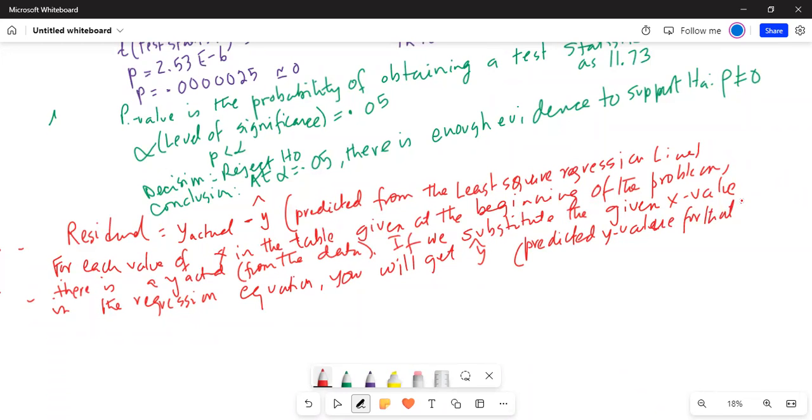Now we have 10 data points, so it will be a lot of calculation, but we will have the calculator do the work for us. So how do you do that? I will explain that in a minute.